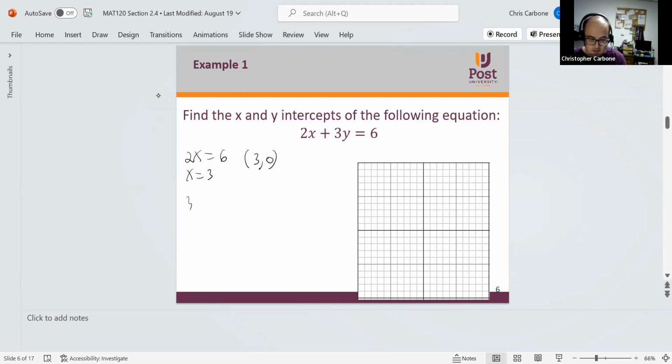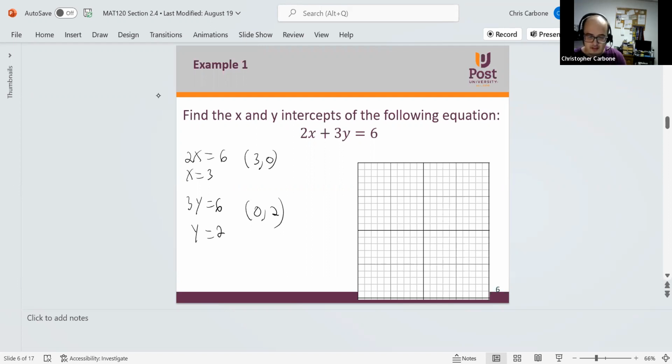And then to find the y-intercept, that would be 3y is equal to 6. Dividing by 3, we would get a y value here of 2. So we would have a point of (0, 2) for that y-intercept. And then we could find some other point here to help us with this.